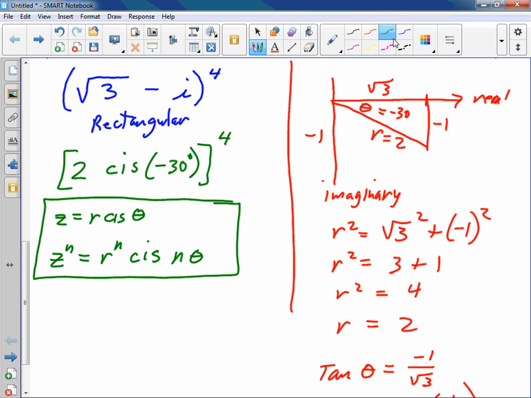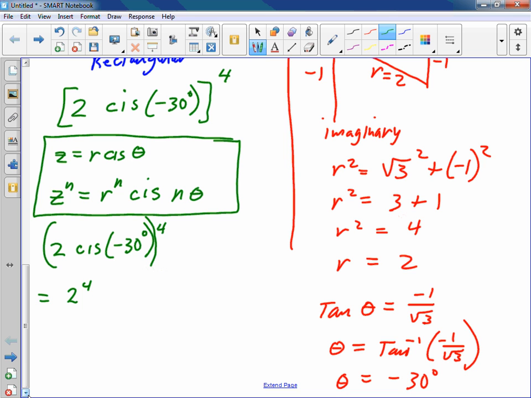And so now you can see, let's plug it in: 2 cis negative 30, whole thing to the fourth, equals 2 to the fourth cis 4 times negative 30 degrees.